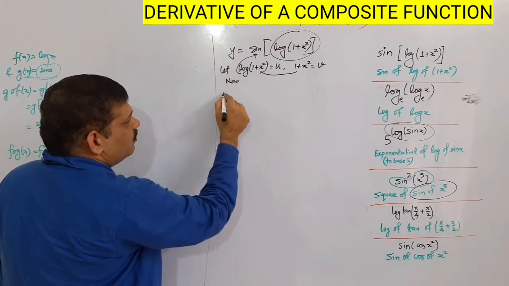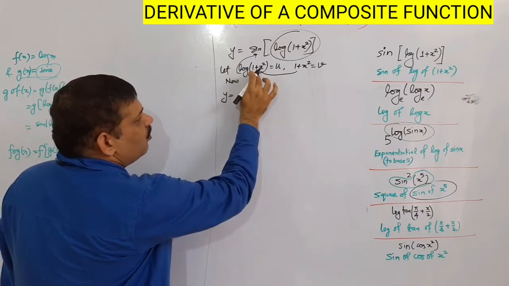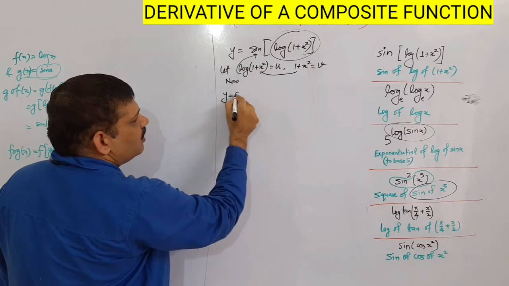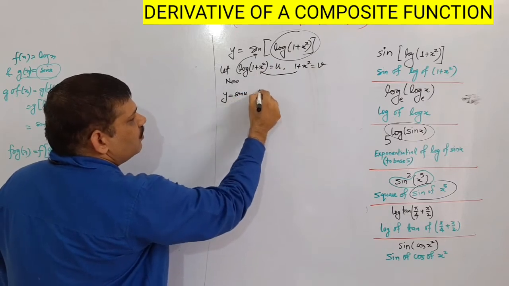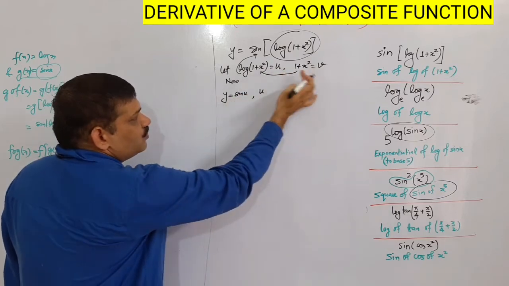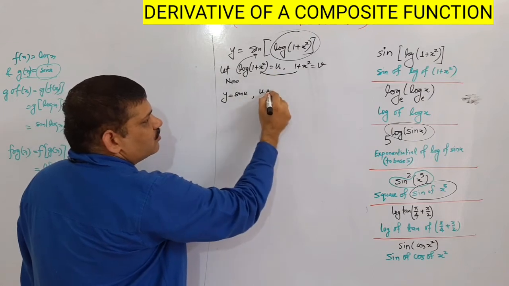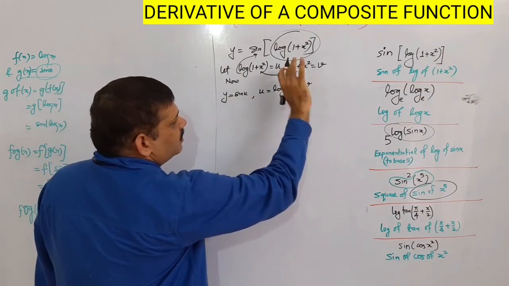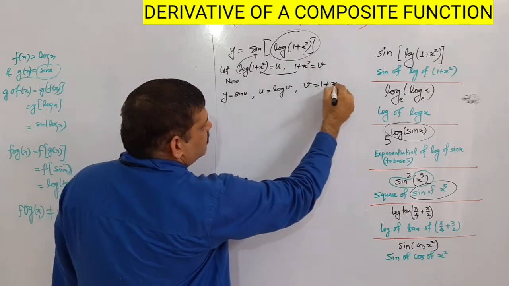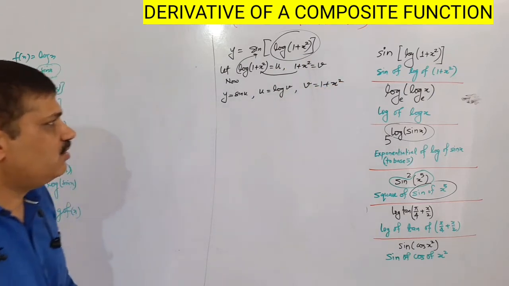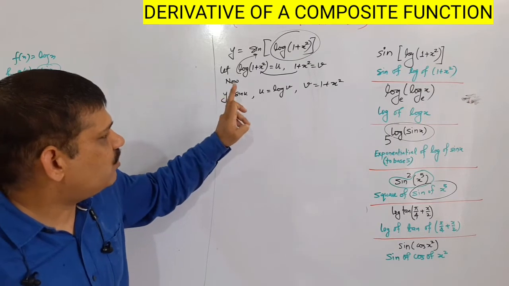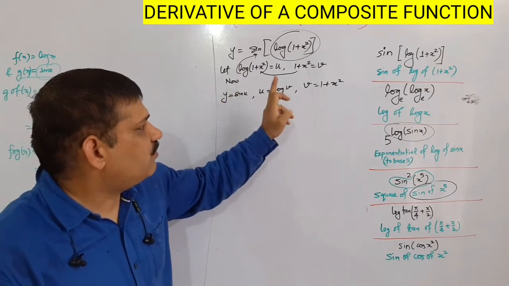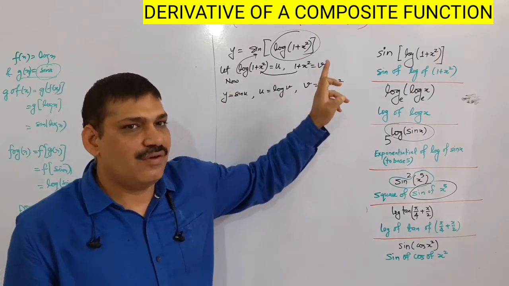So what you get is y is equal to, if I put log of 1 plus x square as u, so y is equal to sine of u. Okay, in u, you use this 1 plus x square as v. So u is equal to log of v, and v is to be written in reverse order, that is 1 plus x square. Now you can easily observe y is a function of u is a function of v, and v is a function of x.